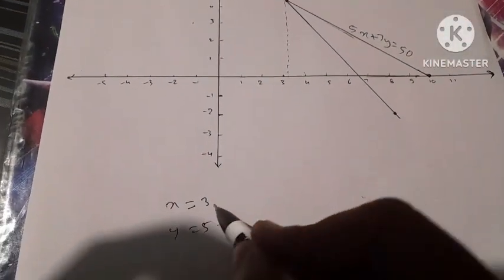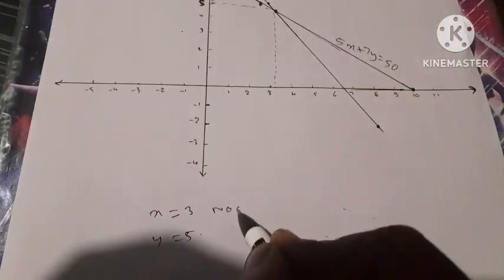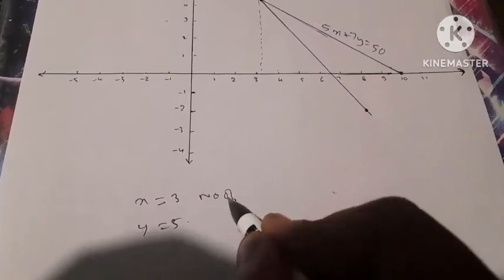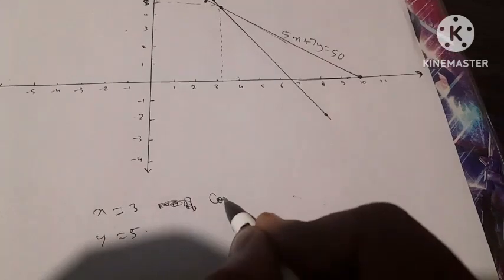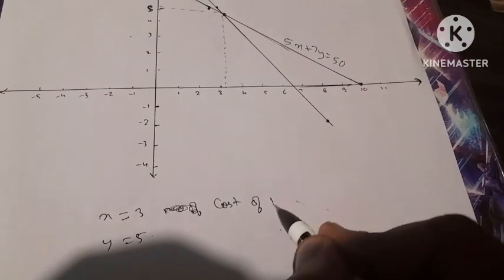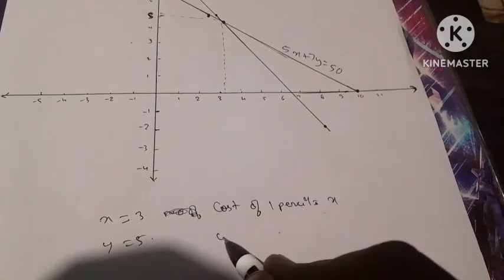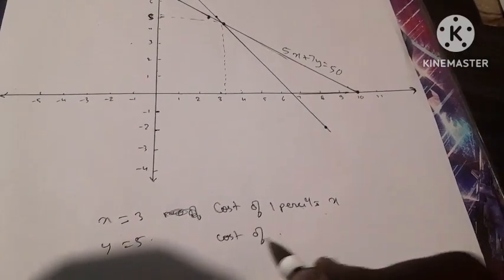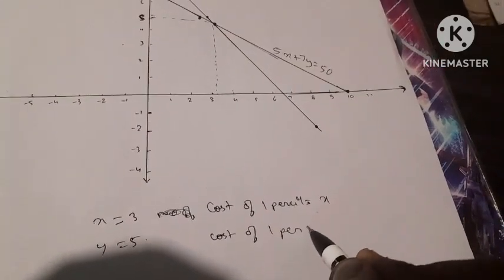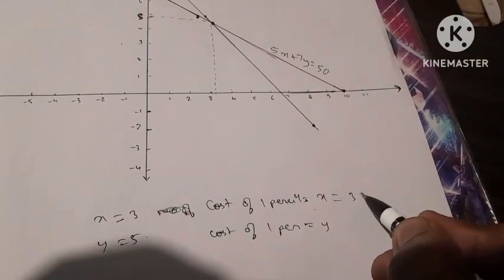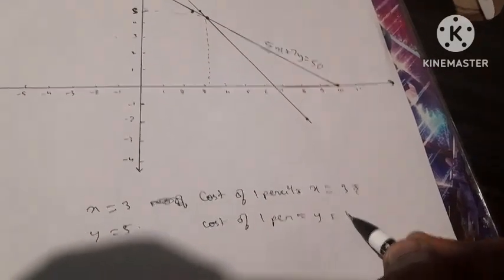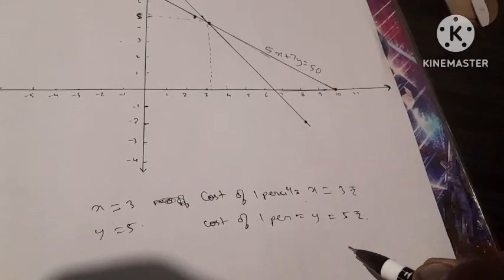So the cost of one pencil equal to x, and the cost of one pen equal to y. x equal to 3 rupees, y equal to 5 rupees.